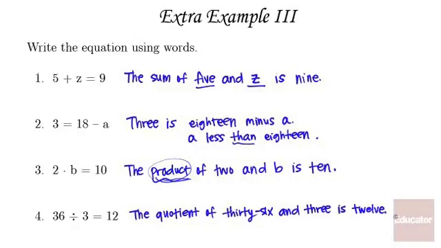So it's okay if yours is a little bit different than what I wrote, as long as you use the words correctly. Make sure if you're going to use less than or more than, then you're going to switch. So you can say z more than 5 is 9.